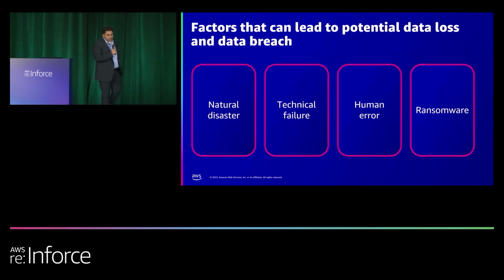Let's look at the factors that can lead to a potential data loss or data breach. People who are familiar with disaster recovery as a paradigm in general, can I have a show of hands? All right, so you're most likely familiar with the first three cohorts here, which are disasters can happen due to natural reasons such as floods or earthquakes.